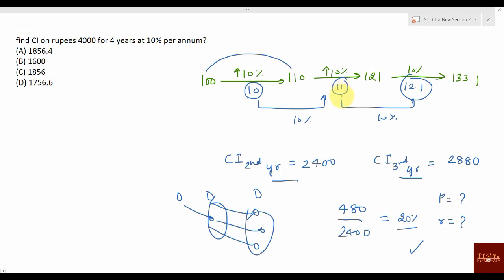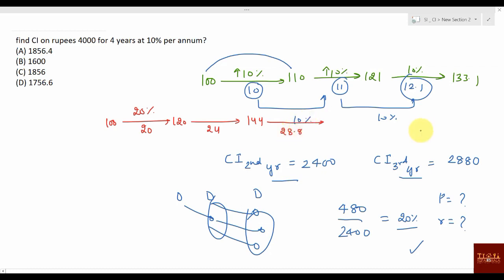Suppose it is 100, so 20% means it will become 120, and again 20% means it will become 144. So how much is the CI here? 20. How much is the CI here? 24. And again, if you are finding again here, what will be your CI? 20% of this is 28.8.